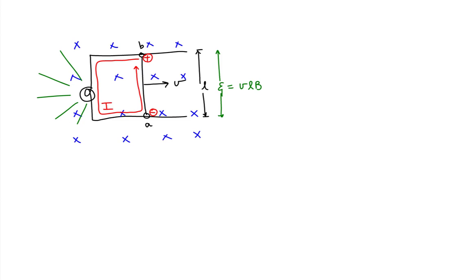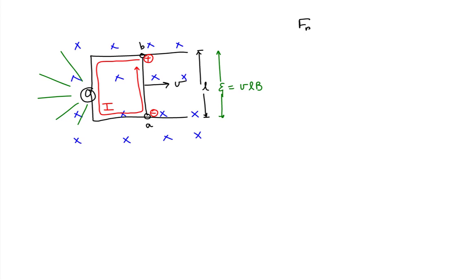Remember, a current-carrying wire experiences a magnetic force equal to the integral of the product of the current in the wire and the displacement differential of the current crossed with the magnetic field. This gives us the magnetic force acting on that current-carrying wire.